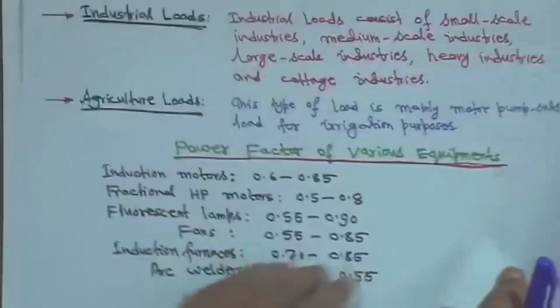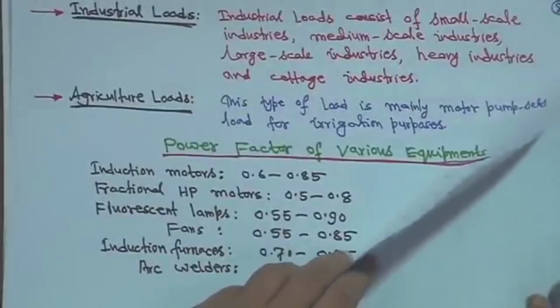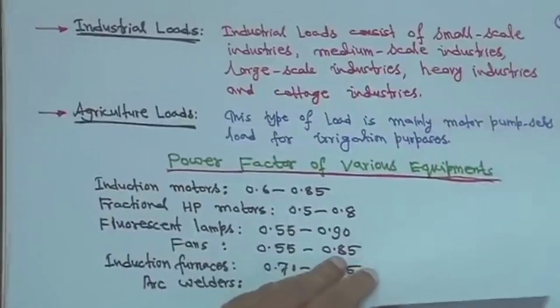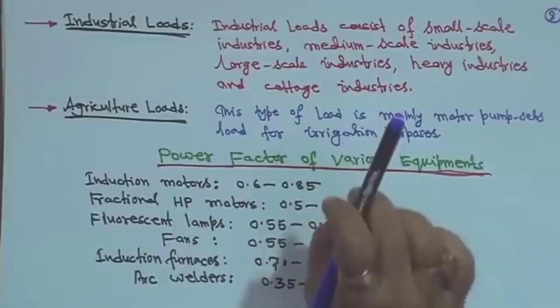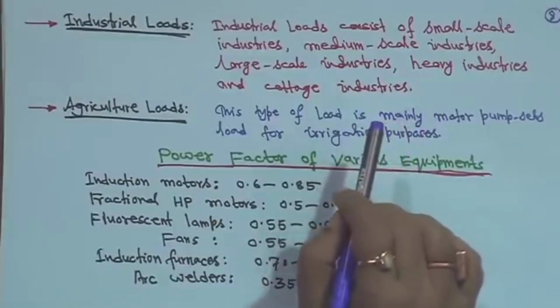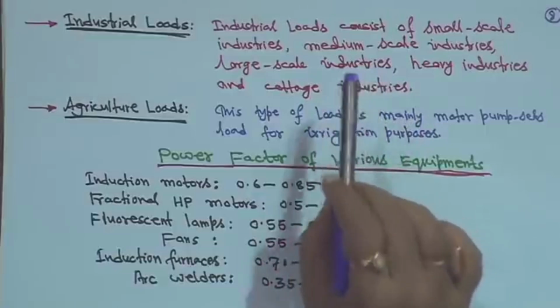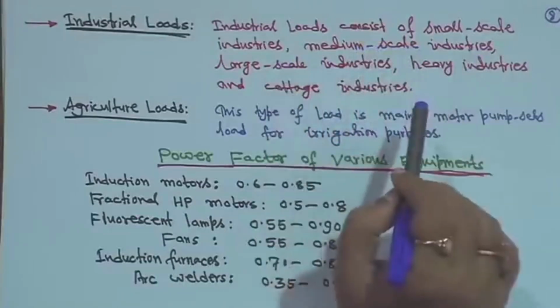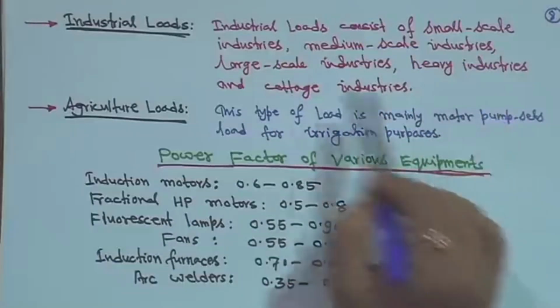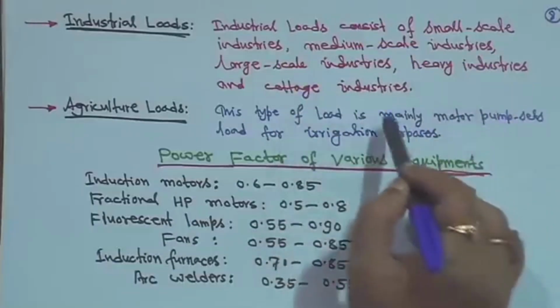Next are industrial loads. When talking about the power system, I told you that industry, particularly large industry, takes power at a very high voltage level. Industrial loads consist of small scale, medium scale, large scale, heavy industries and cottage industries.